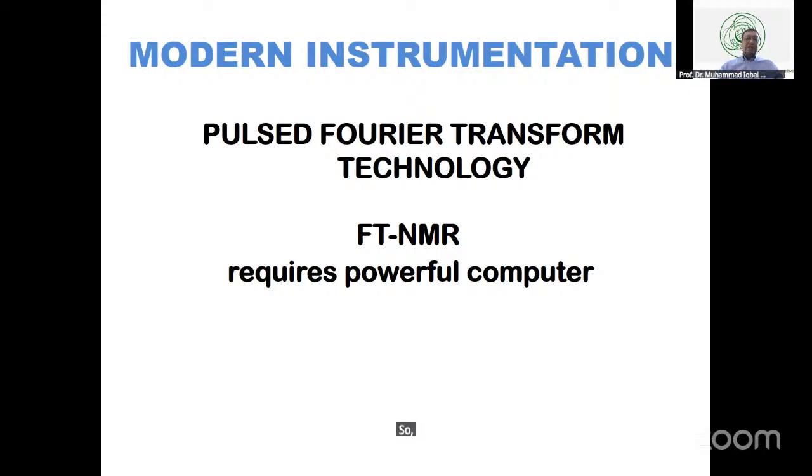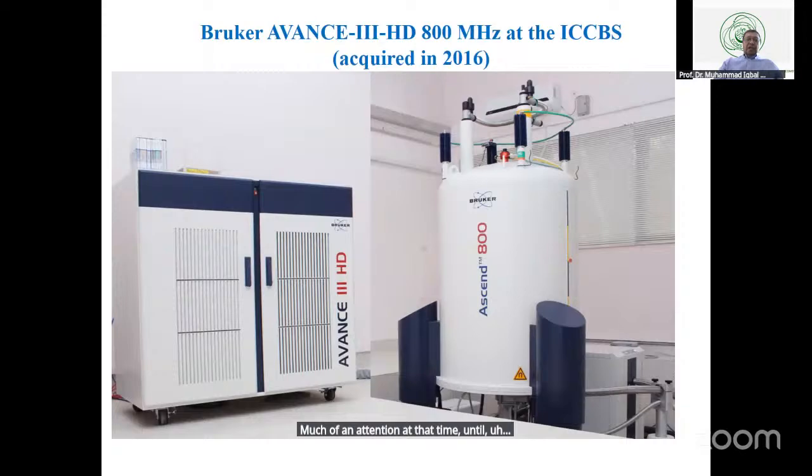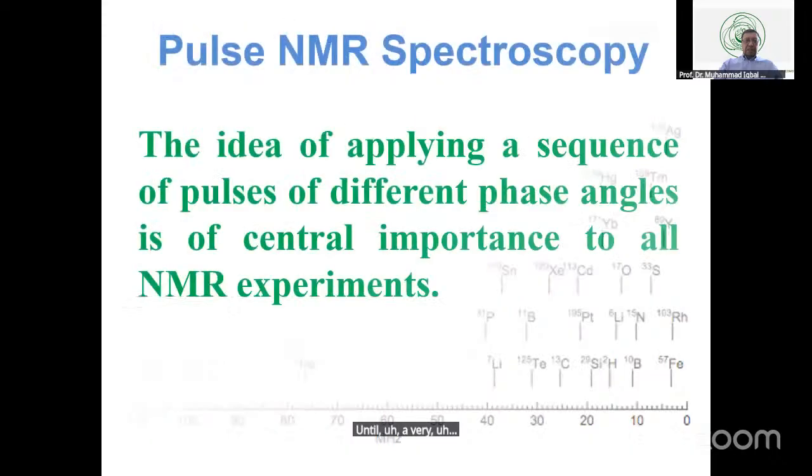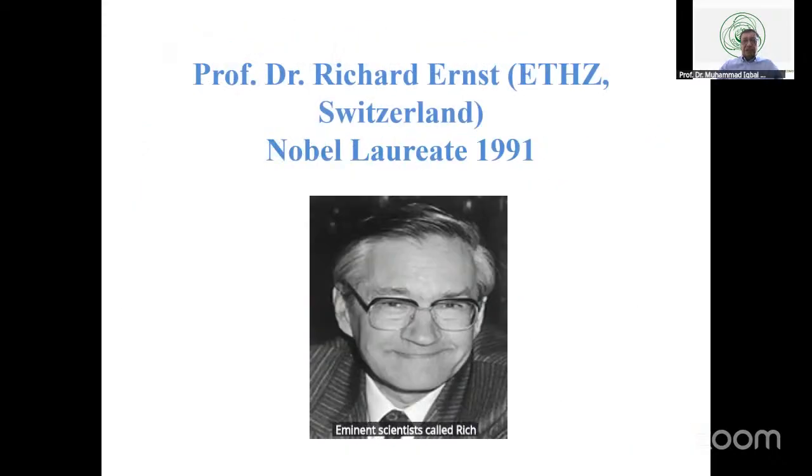So that was back in 1949, and nobody actually gave him much attention at that time until a very eminent scientist called Richard Ernst, who received the Nobel Prize for his development of pulse NMR spectroscopy with Fourier transformation, made it practically possible, back in the 1970s, what Hahn was saying in 1949.